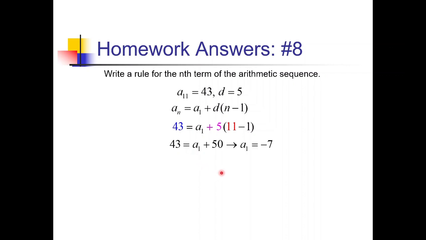Now I'm going to plug all this into my a sub n formula. So I have a sub n equals negative 7 plus d value of 5 times n minus 1. And all I have to do at this point is simplify this. So we have negative 7 plus 5n minus 5. Negative 7 minus 5 is negative 12, so 5n minus 12.